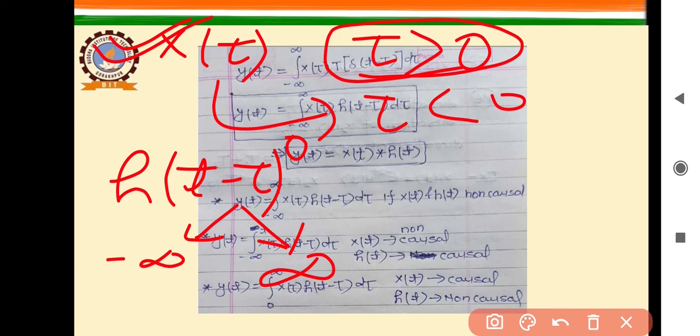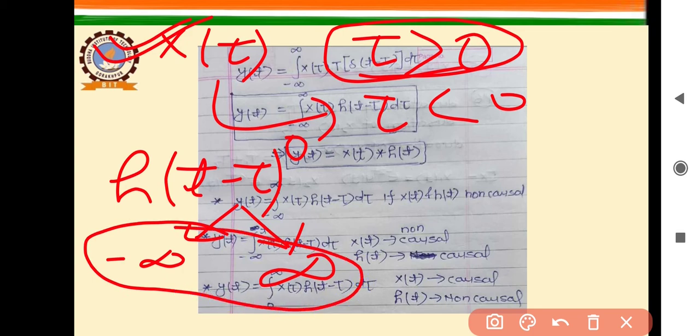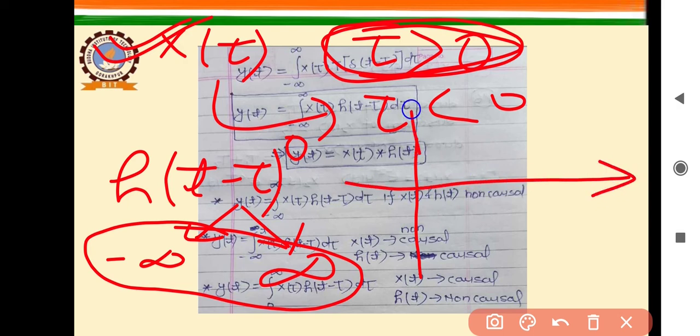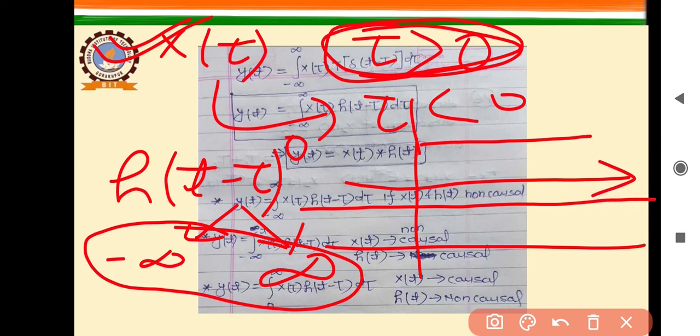One statement says tau will exist for the total period from minus infinity to plus infinity, whereas the next statement says tau will be greater than 0. So here tau has two ranges. Tau is from 0 to infinity. Here tau is from minus infinity to plus infinity.